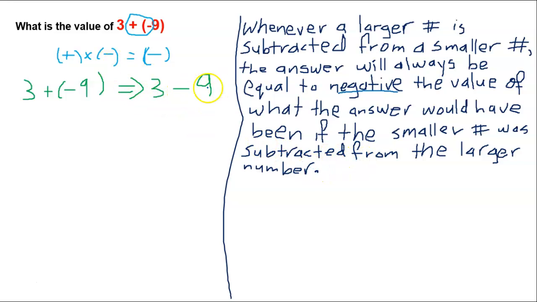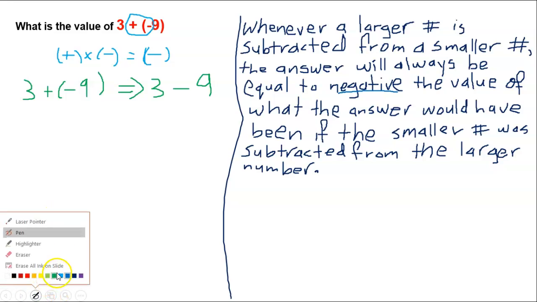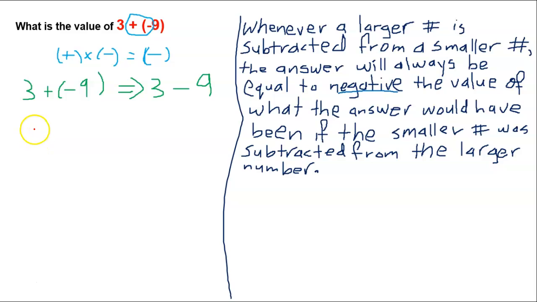So 3 subtract 9 is equal to negative what 9 subtract 3 would have been. We know 9 take away 3 equals 6, therefore 3 take away 9 would be negative 6. And that is our answer.